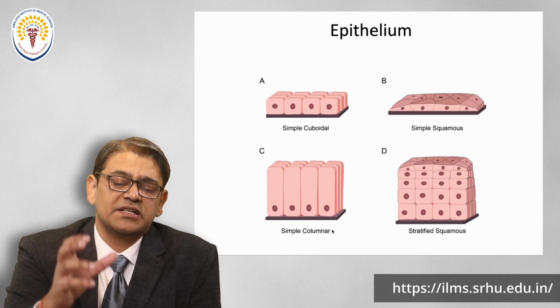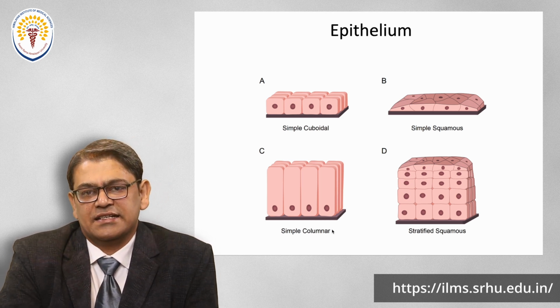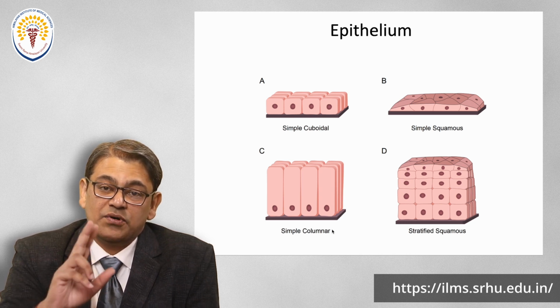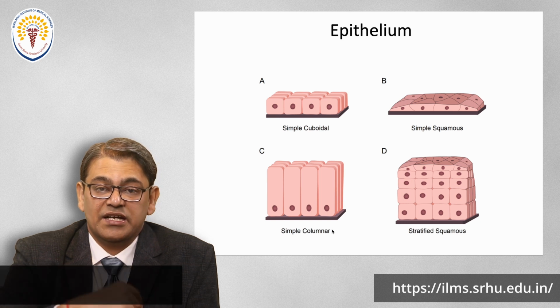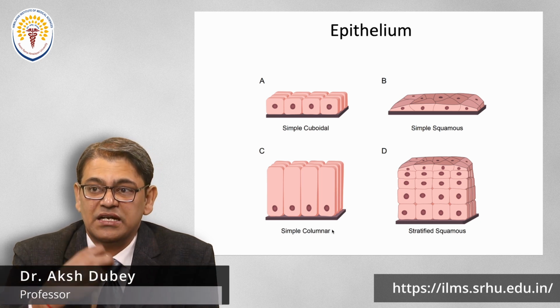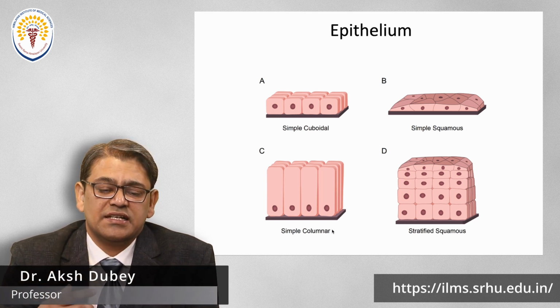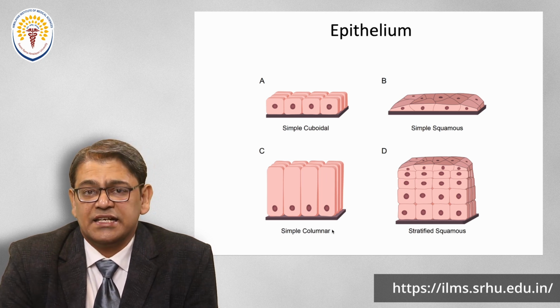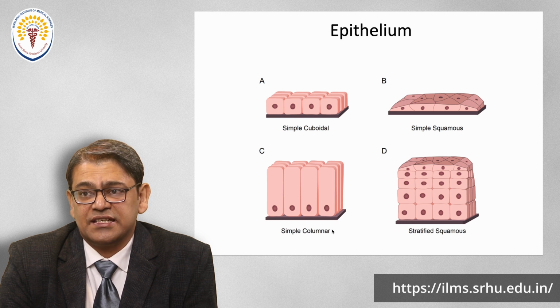On that basement membrane, these cells are arranged in this fashion. Simple columnar epithelium is an epithelium where both things are required, where we have to secrete something and we have to absorb something. That's why this unique structure is formed, and that's present in the GIT, the gastrointestinal tract.